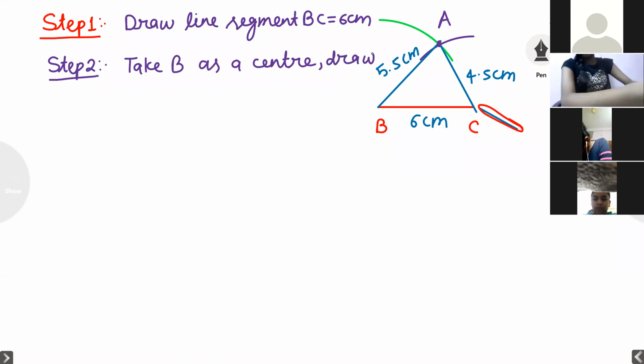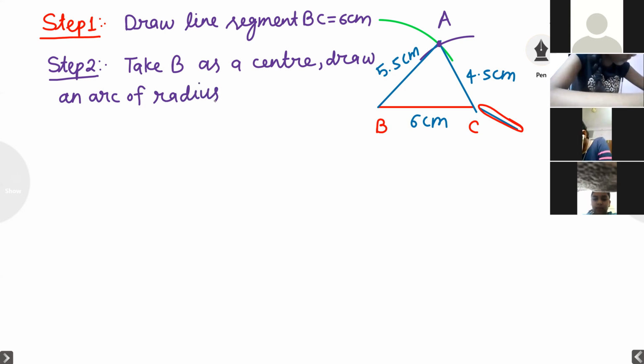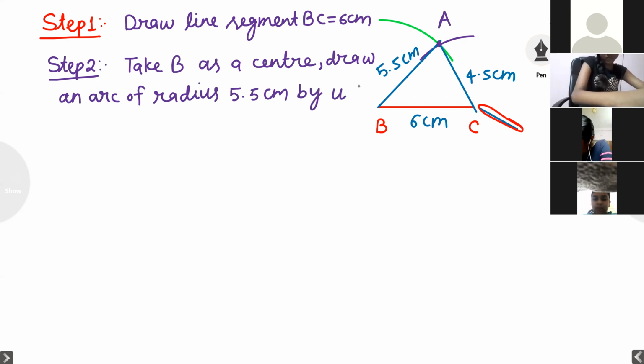Draw an arc of radius 5.5 centimeter by using compass.